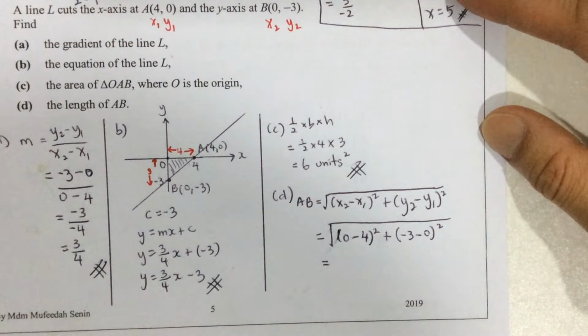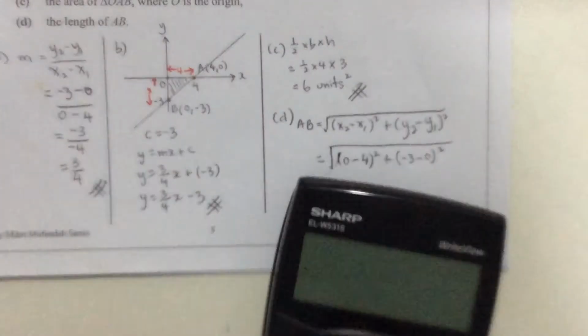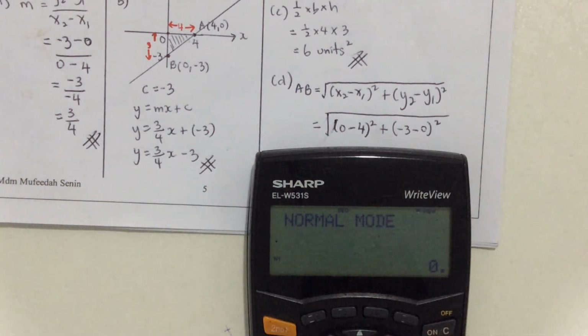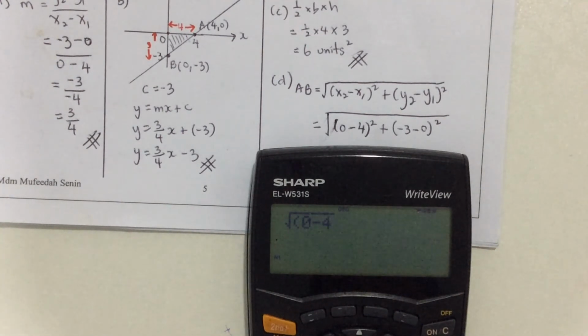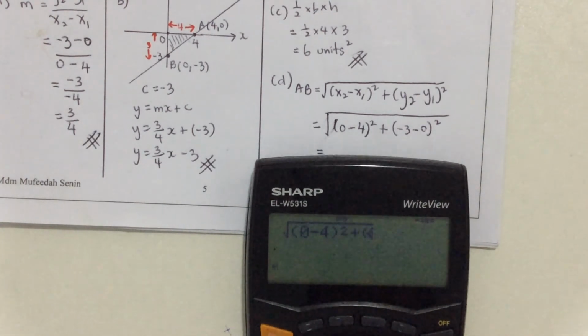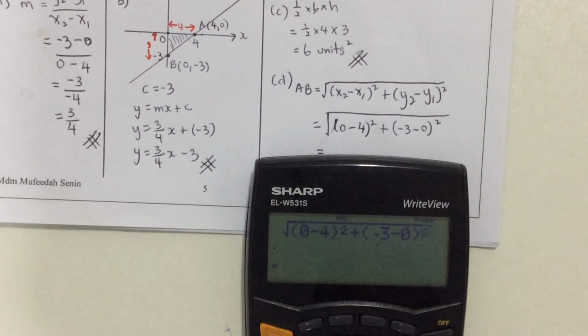Okay, so we can press the calculator to get the answer here. So we have square root of 0 minus 4 close bracket square plus -3 minus 0 square.